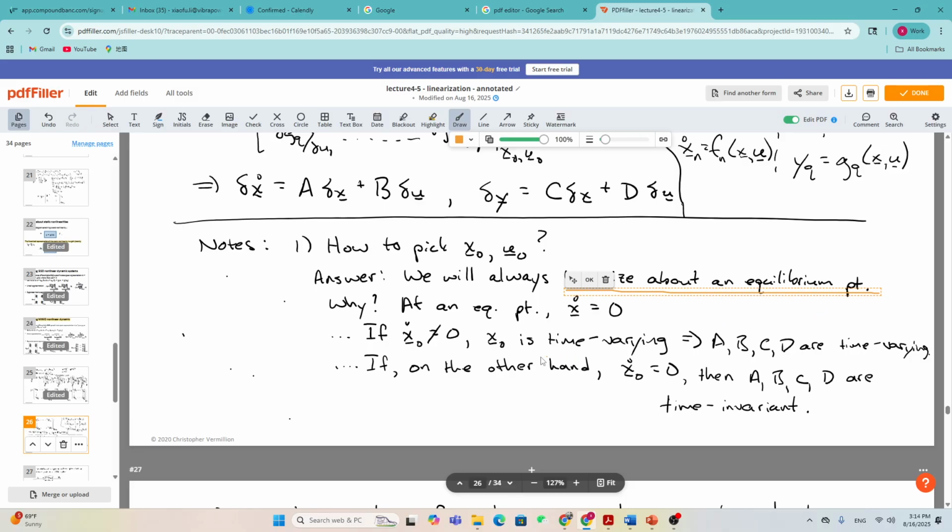Because linearization with respect to the equilibrium point is time invariant. If your x dot is not equal to 0, you will have a time varying system, so A, B, C, D are also time varying. That's why we need to linearize about the equilibrium point where x dot equals 0.